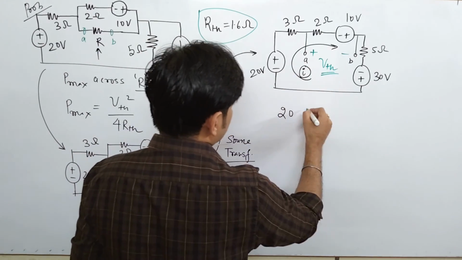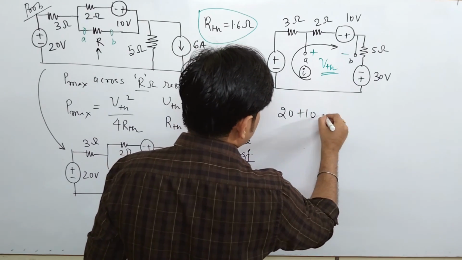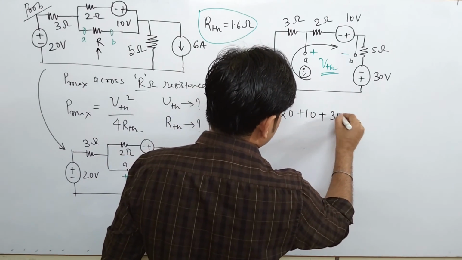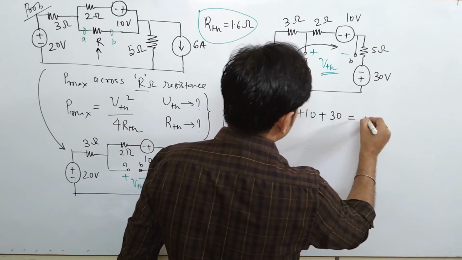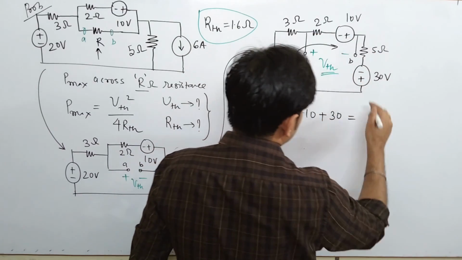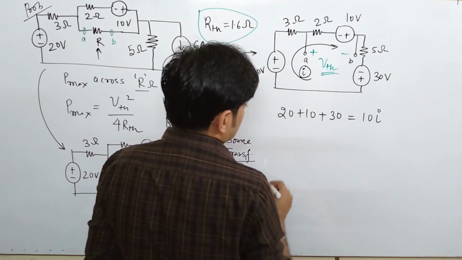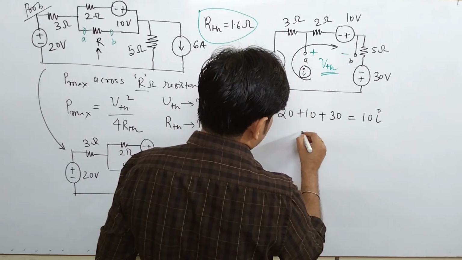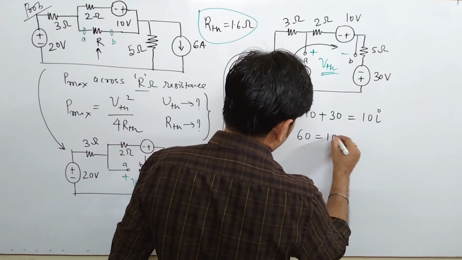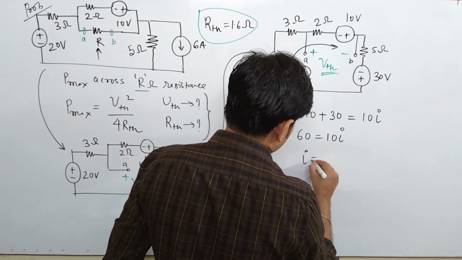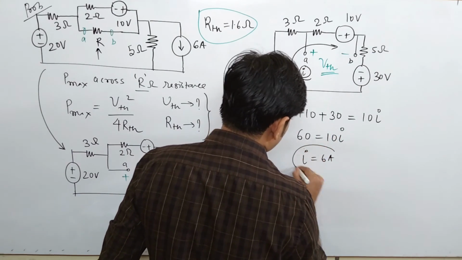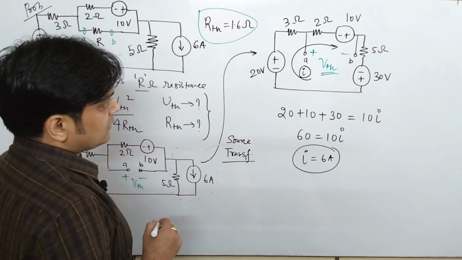So it is minus to plus 20, minus to plus 10, that is plus, and again it is plus, that comes to be 30, which is equal to 10 into I. Finally, 60 is equal to 10I, so the value of I comes to be 6 ampere.